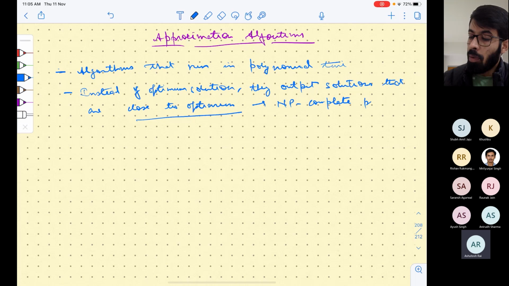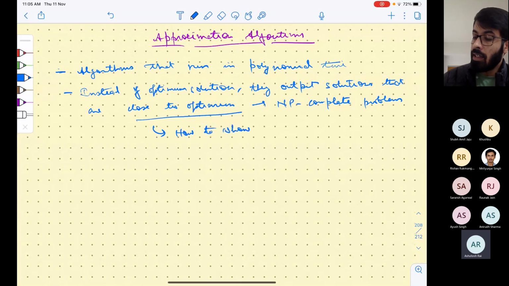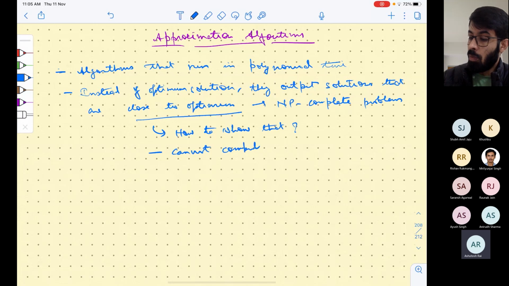So you want close to optimum, but how do you show that? That whatever this algorithm is producing is close to optimum, because the problem is that you can't compute the optimum in polynomial time. So how do you give the guarantee that whatever you are giving is close to optimum?